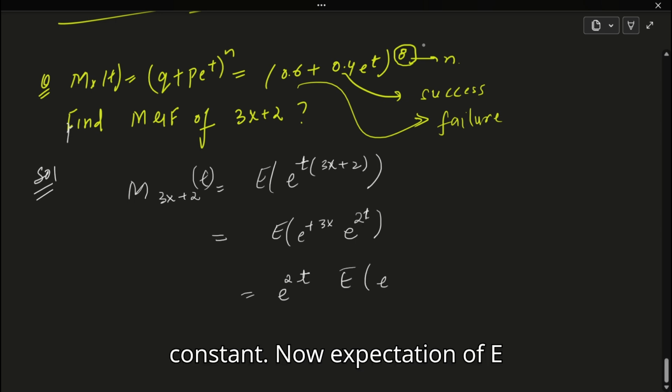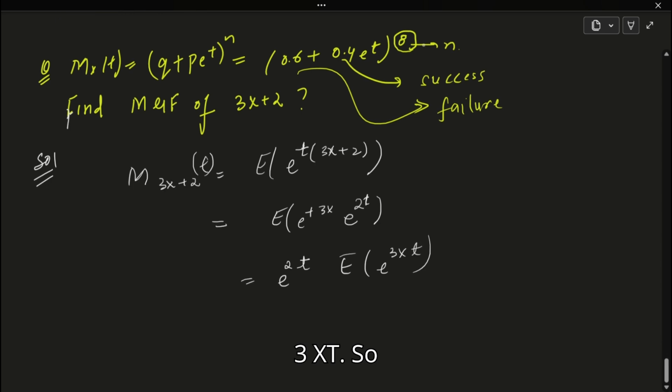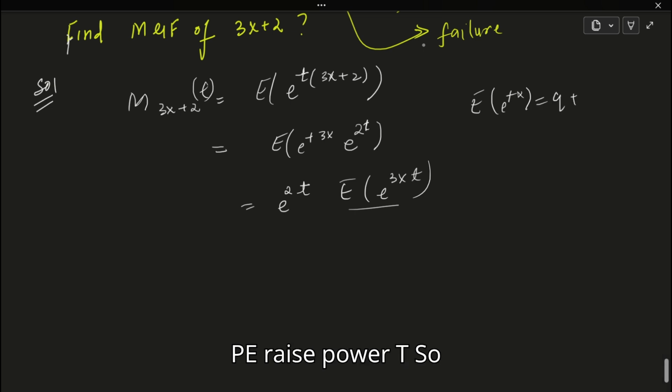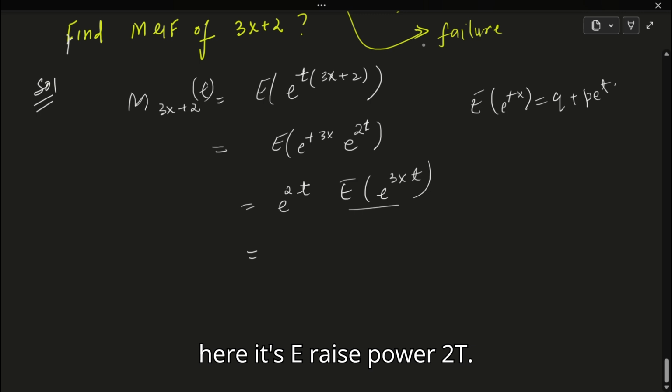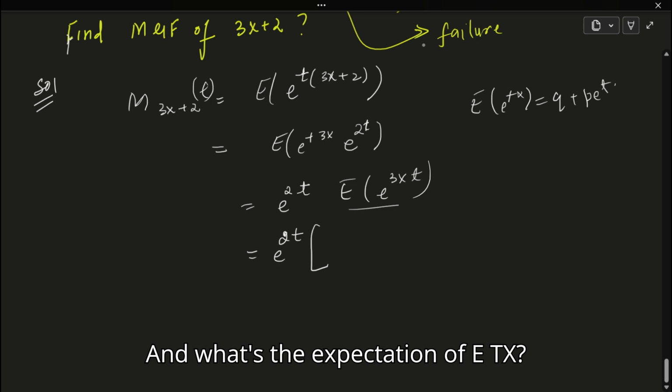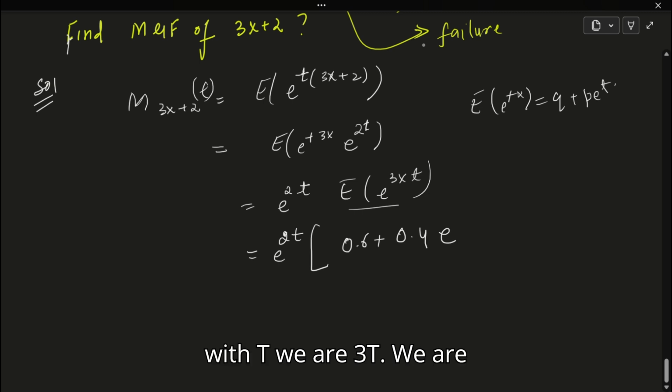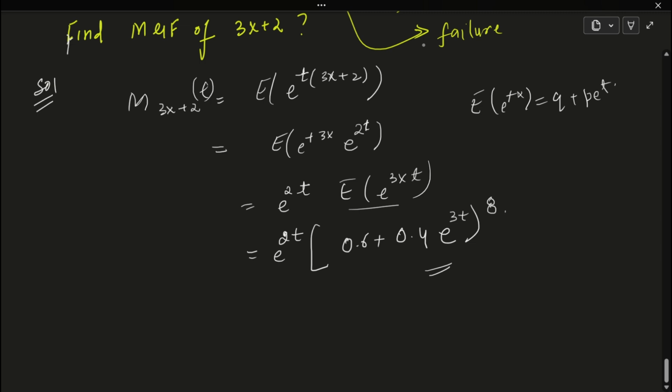Now compare the expectation of e raised power 3xt with the expectation of e raised power tx, that is q plus p e raised power t. And the expectation of e raised power tx is 0.6 plus 0.4 e raised power t, and with t we are having 3t, raised power 8. So this is our result. Clear? Okay.